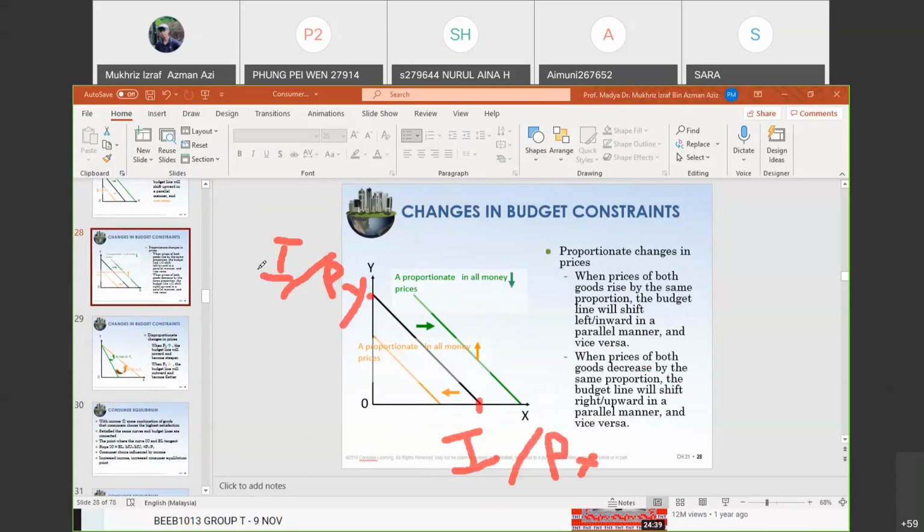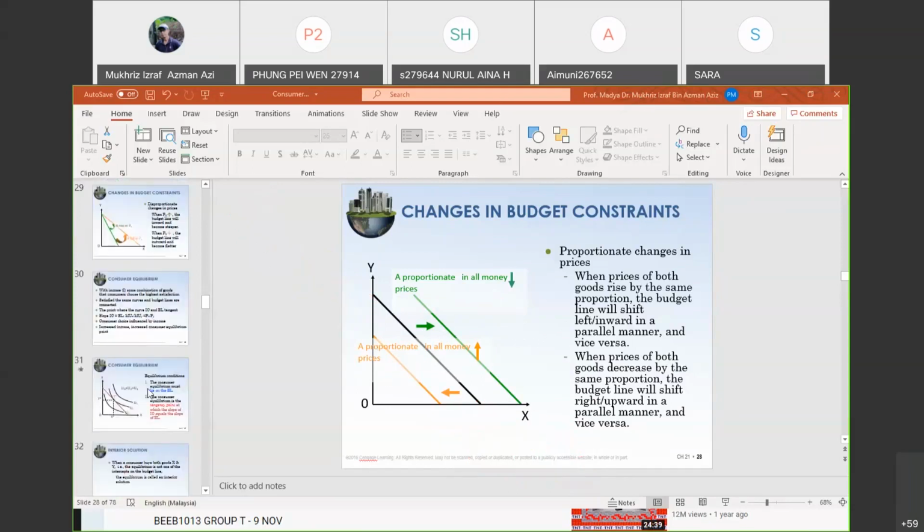If income changes, price of X and Y remain unchanged. So an increase in income will make both values increase at the same percentage. That will cause your budget line to shift to the right if income increases, but if income decreases, it will shift your budget line parallel to the left. So that is what you learned before.